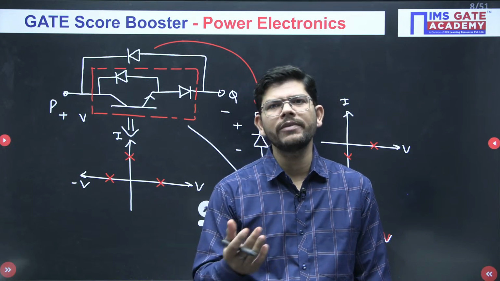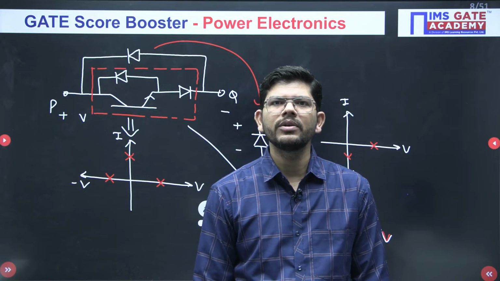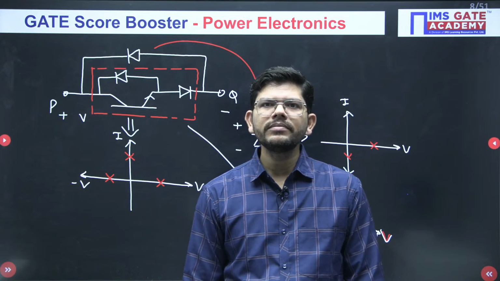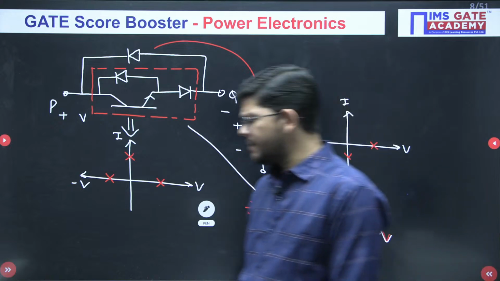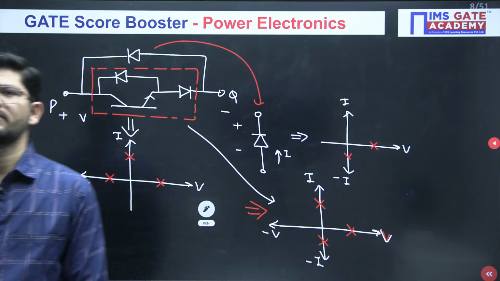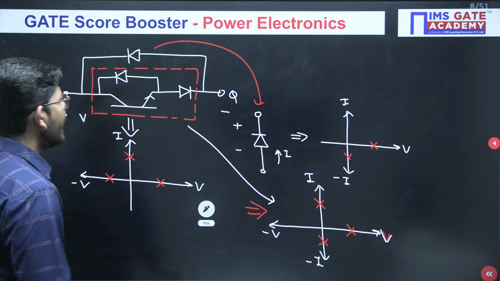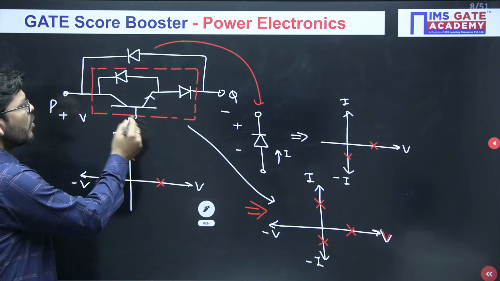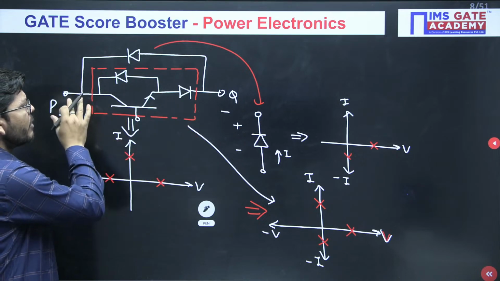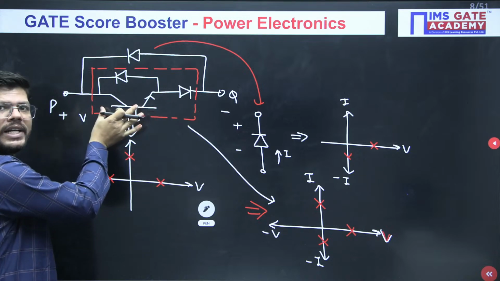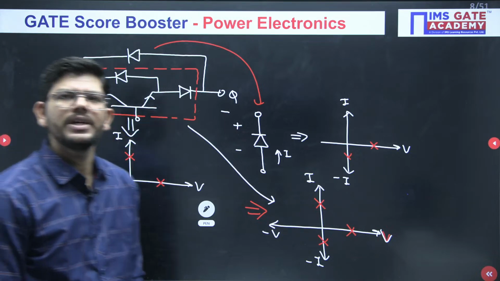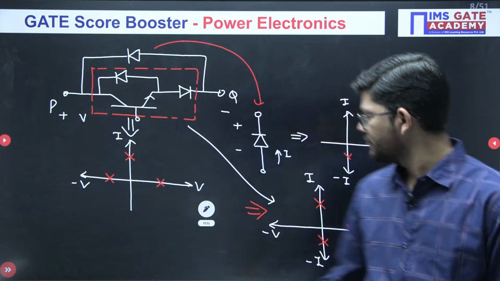Otherwise, if it flows from Q to P, it will be considered negative. So Madhu, is that clear? If you take individual switches, of course, this voltage which you have applied across P and Q is the VCE voltage of the BJT.